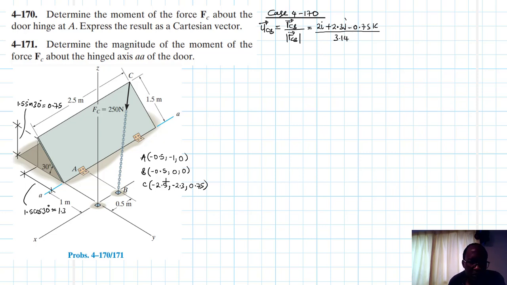We have everything. Minus 0.5 plus 2.5, that's a 2. 0 minus minus 2.3, that's a plus. And 0 minus 0.75, that's a minus 0.75.